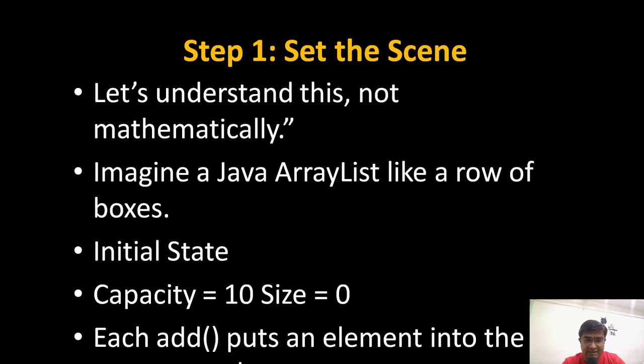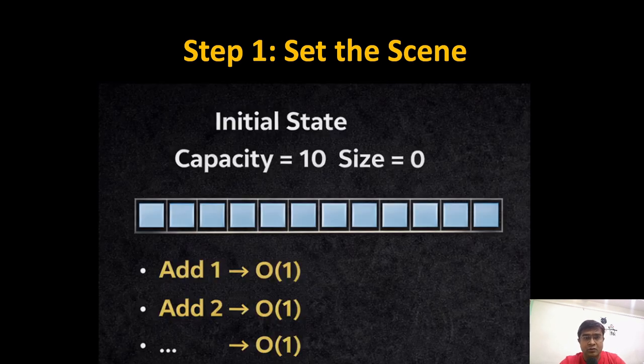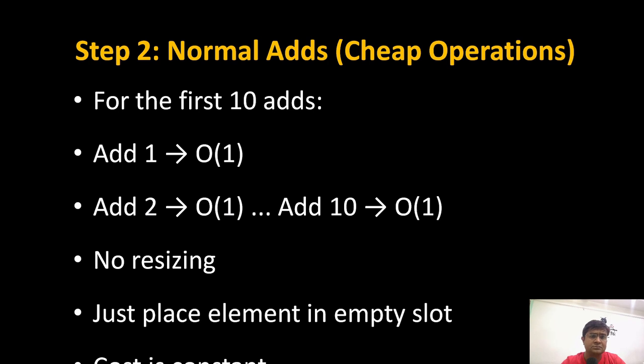Add 1, complexity O(1). Add 2, complexity O(1). For the first 10 adds, resizing does not happen because the elements are added up to the capacity.